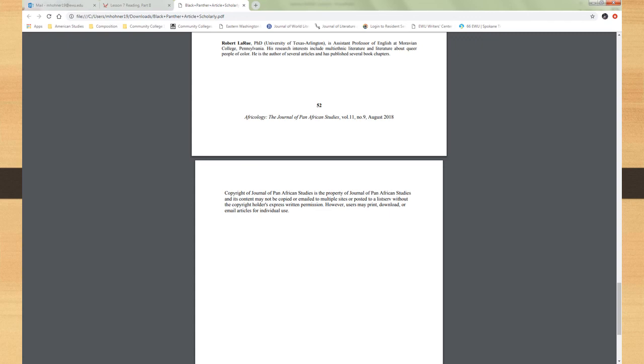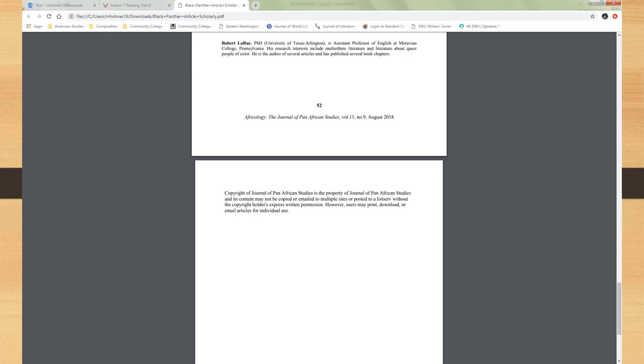Now, can we trust this information? I would say yes, because it's in the Journal of Pan-African Studies, which we'll see in a minute is a very credible, reliable journal. We'll be able to find biographical information like this for all of our authors. Whether or not we trust that information is going to vary from source to source.